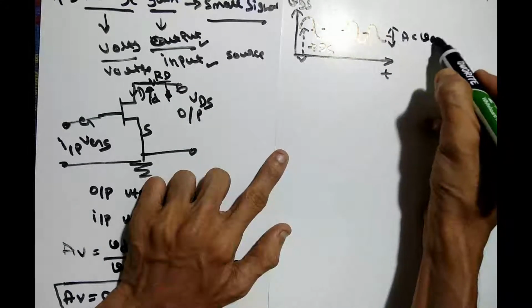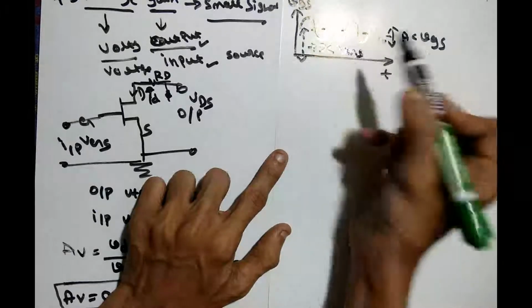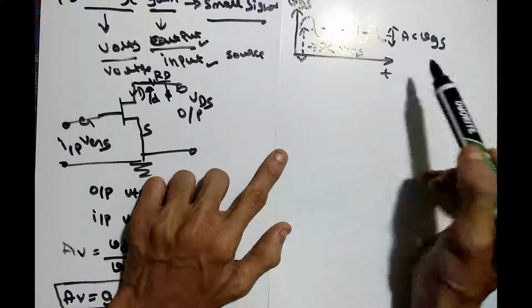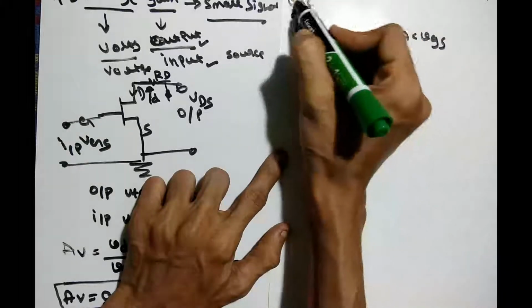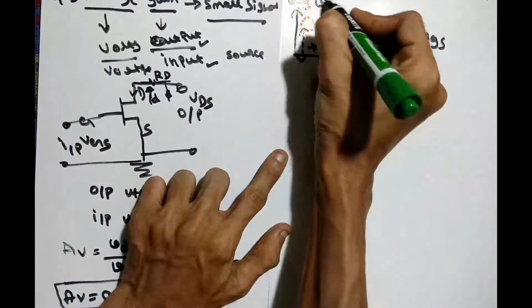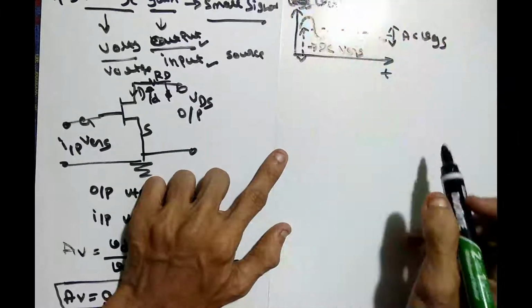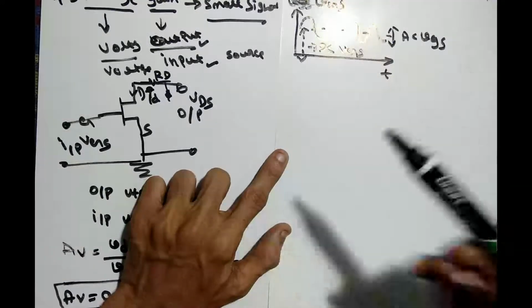AC we have as small vgs and DC we have as capital VGS. And we know that the total signal is nothing but AC and DC together. So total signal can be represented as small v and capital GS. This is how the total signal can be written.